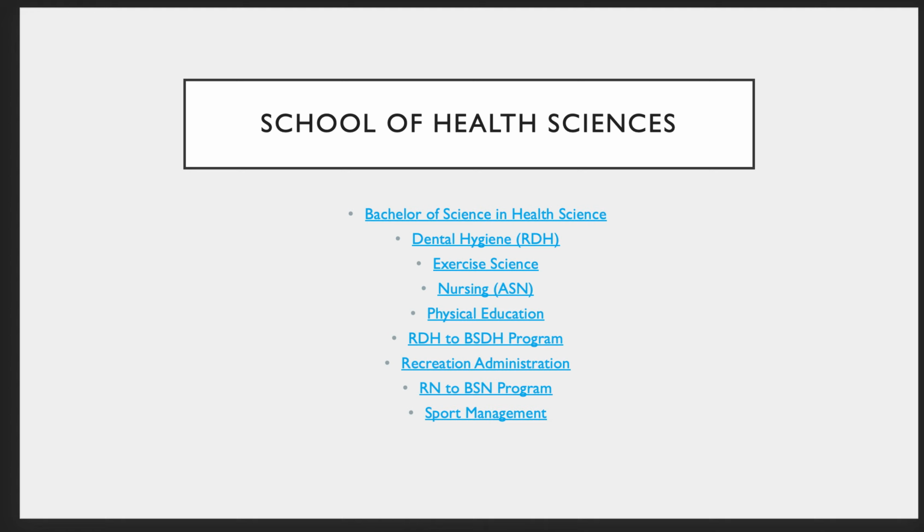One of the biggest, newest things we have for the School of Health Sciences is a Bachelor of Science in Health Science. It's a very general bachelor's degree that allows students to really focus in on whatever it is that they want to get to as their career goals. We'll talk a little bit about that.